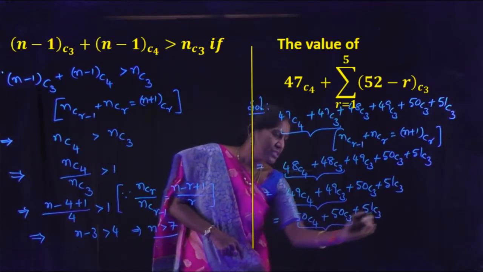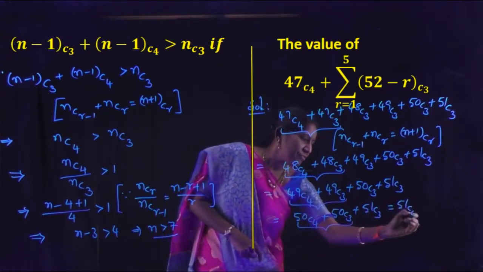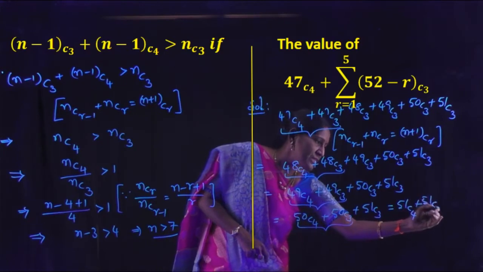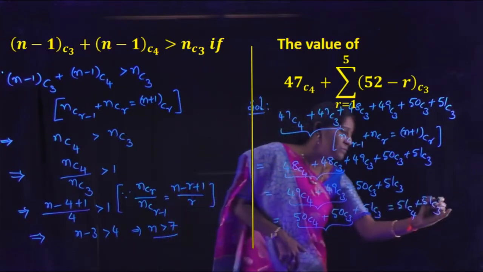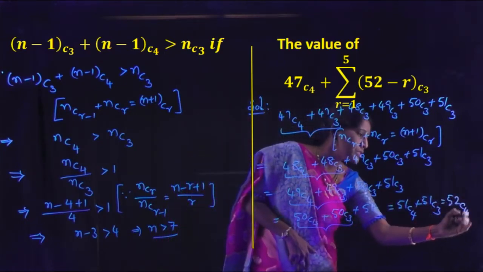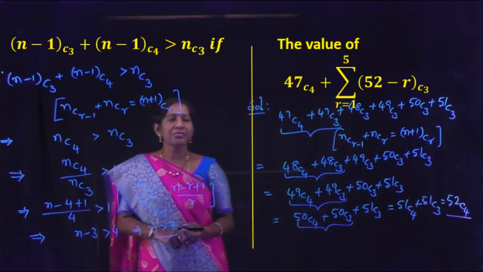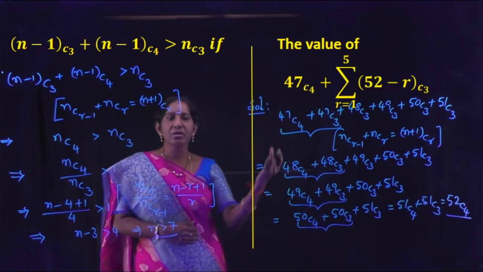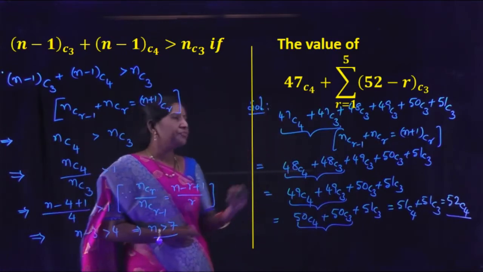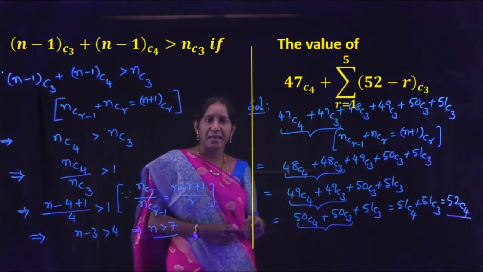Then for these two 51C4 will come plus 51C3. Then the value becomes 52C4. Therefore, 47C4 plus sigma r equal to 1 to 5, (52 minus r)C3, that is 52C4.